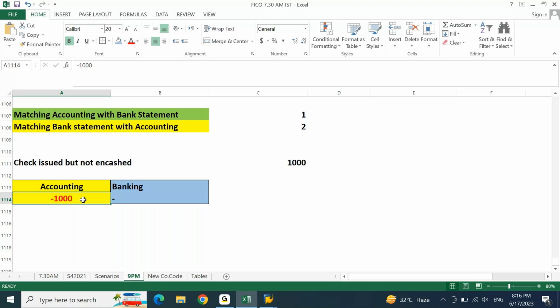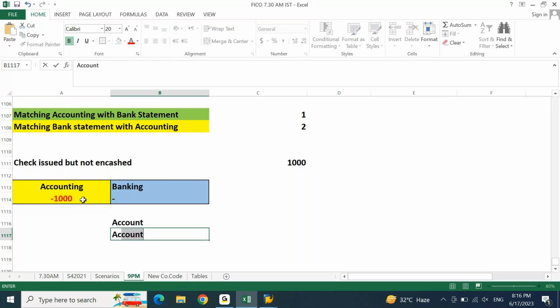Now, for you to do this activity, in the previous session we talked about how many GL accounts we need to allot for every bank account. 10 GL accounts. We need to allot 10 GL accounts for every bank. These are called by a concept. What is the first account and what is the second account?